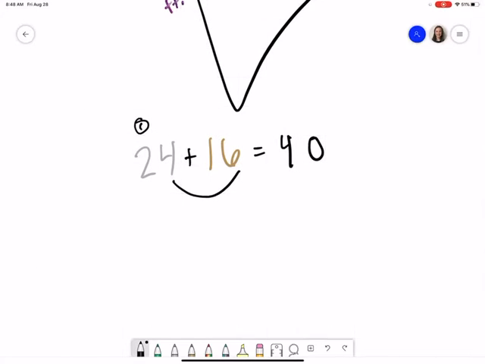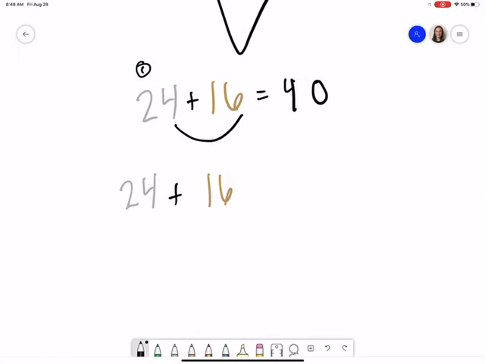I could have also done it like this. Another mental math strategy. So 24 plus 16. I could have said, okay, so now I have 20 and 4. And over here I know I have 10 and 6. 4 plus 6 is 10.